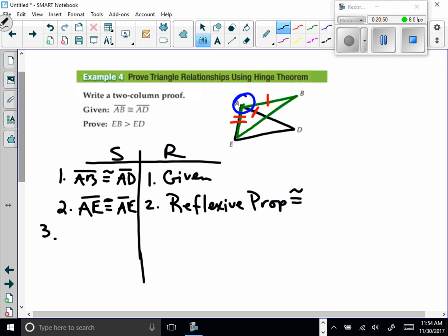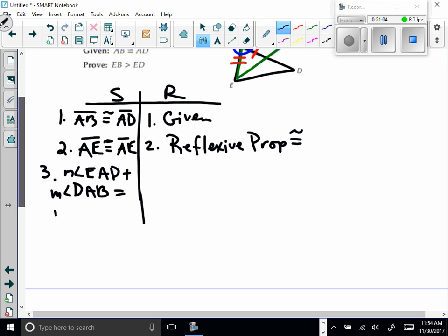So I have angle EAD plus the measure of angle DAB equals the measure of angle EAB. So that is the angle addition postulate.